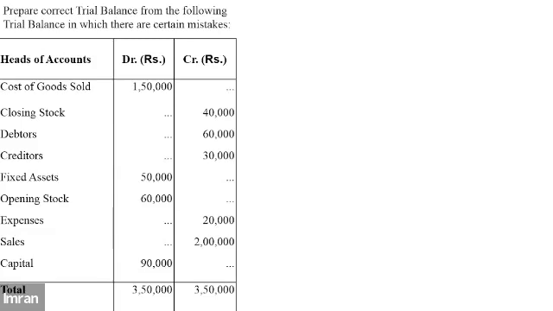So now we need to prepare a correct trial balance, and write down the balances on the relevant side of the trial balance. That is what we will be required to do. So let me show you how we prepare the correct trial balance in such a situation.